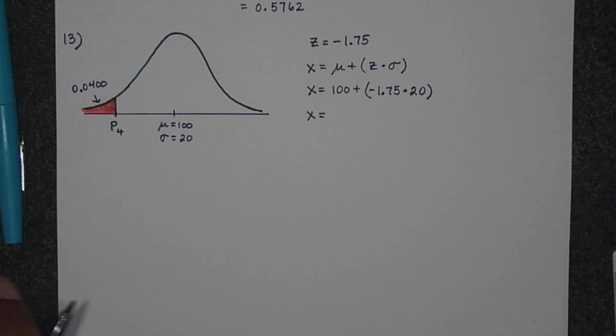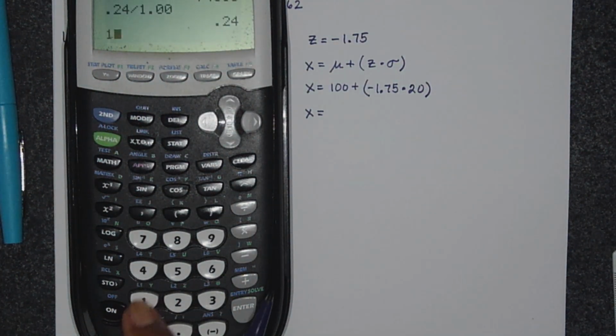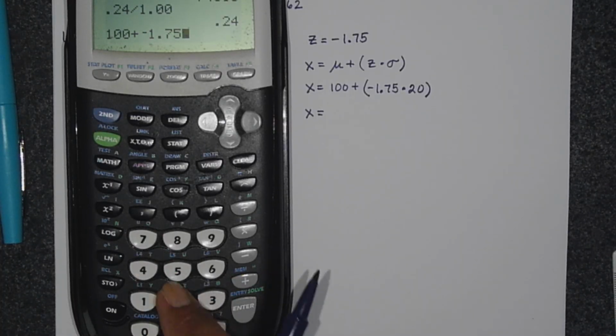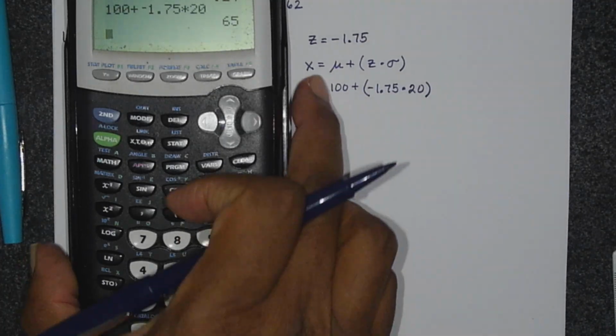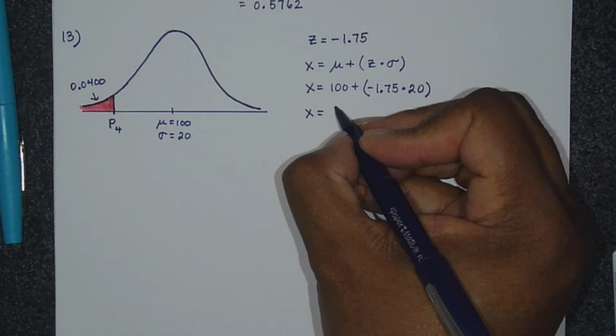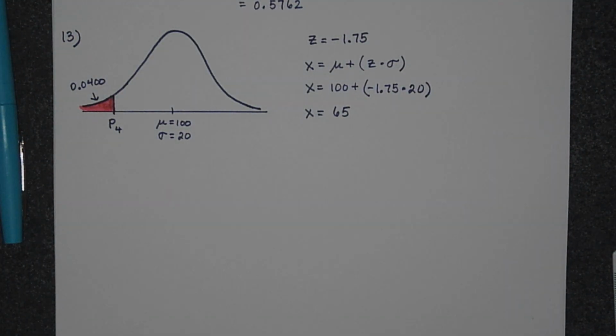So to find out what our x value is going to be, we have 100 plus negative 1.75 times 20. It'd be 65. So the IQ score that separates the bottom 4% from the top 96% would be 65.